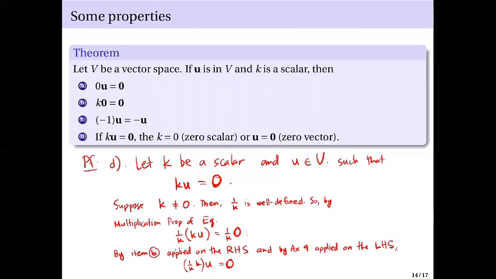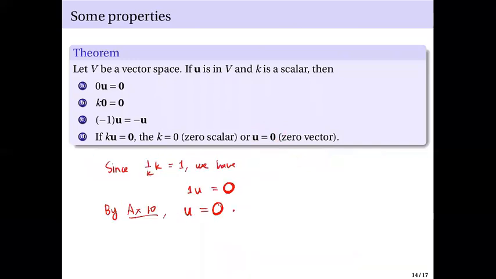That's just the first part. The second part, suppose this vector u is not equal to 0. Can we show that k is also equal to 0? Of course we can do that.